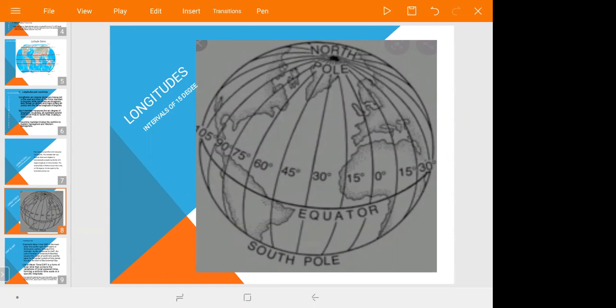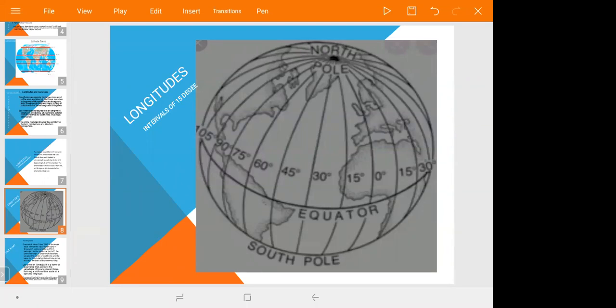All 360 longitudes cannot be drawn. So like the latitudes, we take an interval. It is based on the interest of the cartographer. You can divide it by intervals of 5, 10, 15, 20, or 30. But the most common one is dividing the latitudes and longitudes by 15 degree intervals.